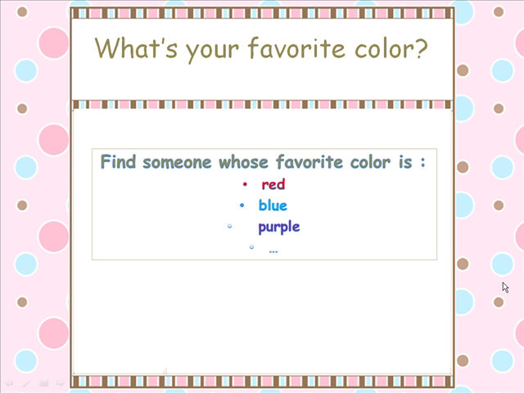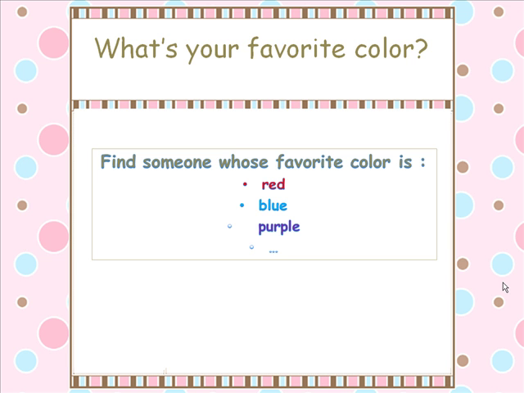Okay, then the last activity I have is a group work, and I want them to practice the same. What's your favorite color? So they're going to have a piece of printout, and on the printout it says find someone whose favorite color is red, blue, purple, black, pink, etc. So they have to go around and ask their classmate, what's your favorite color?